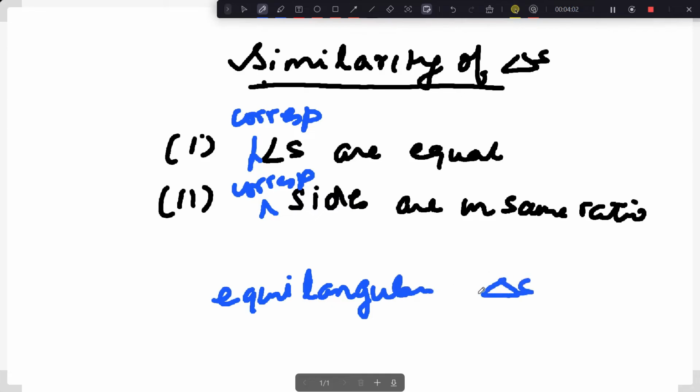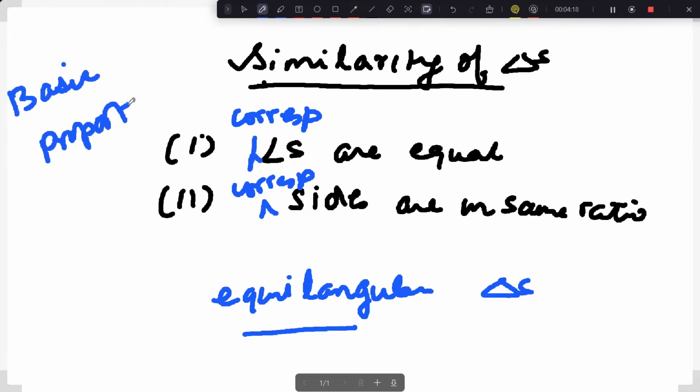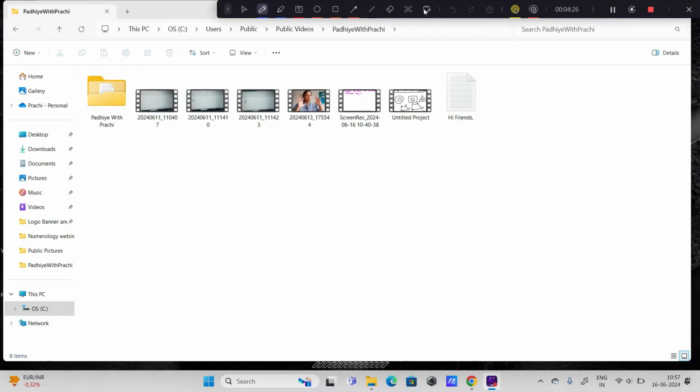The ratio of any two corresponding sides in equiangular triangles is always the same, and this is known as the basic proportionality theorem. Basic proportionality theorem, right? So let's look at it further.